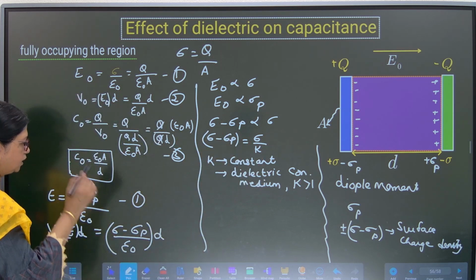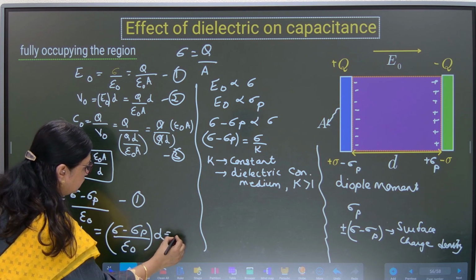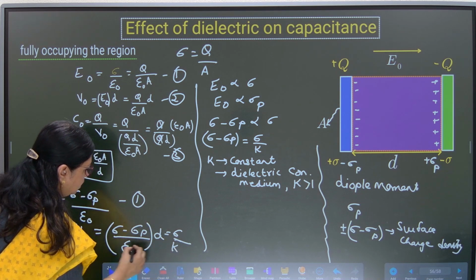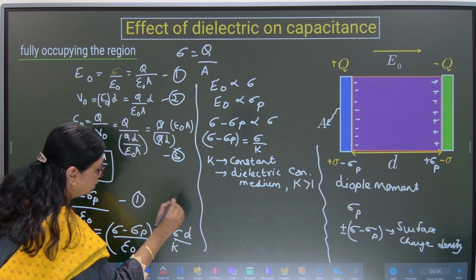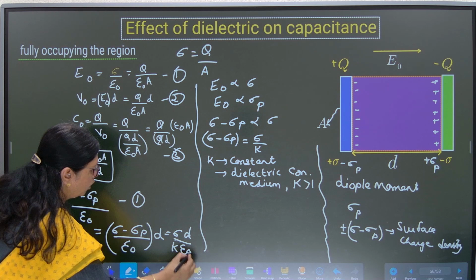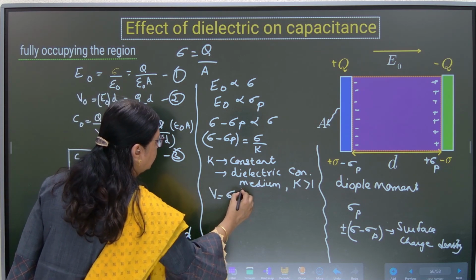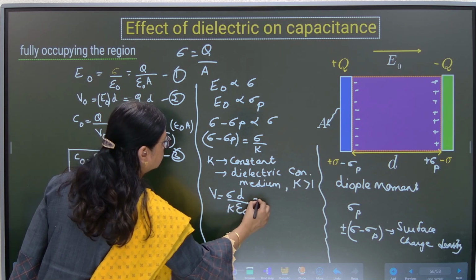Let us substitute it here so that we get sigma upon k in place of sigma minus sigma p. Now what is left out? d and epsilon naught. So finally we have V is equal to sigma d upon k epsilon naught.